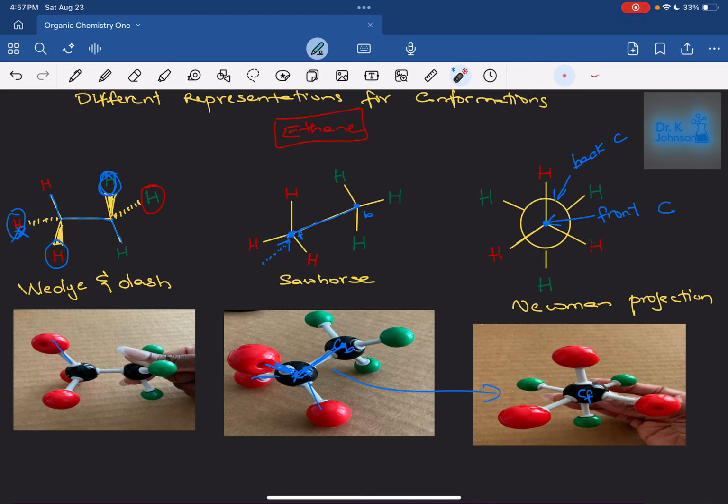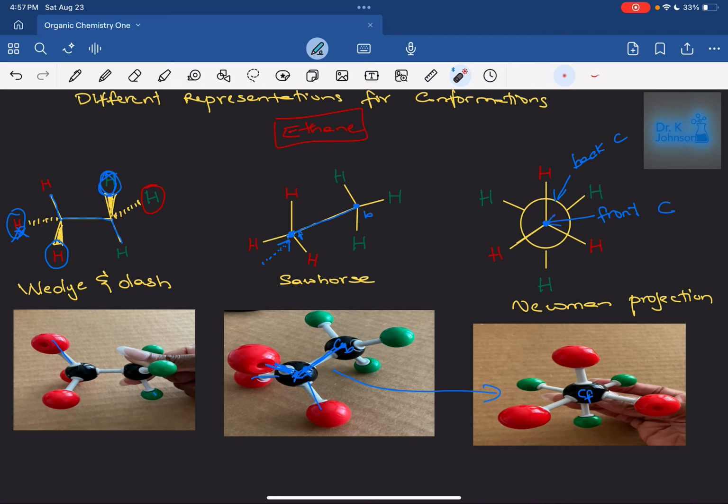You put on your two hydrogens and the one that points straight down. For your Newman projections, the key is to make sure you know which carbon is your front carbon. Once you find the front carbon, just look at what's bonded to it and how it's bonded. If it's straight up, you keep it straight up here. To the side, to the side.